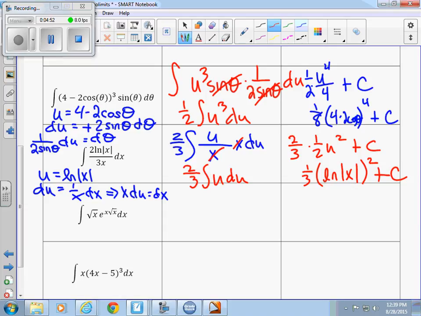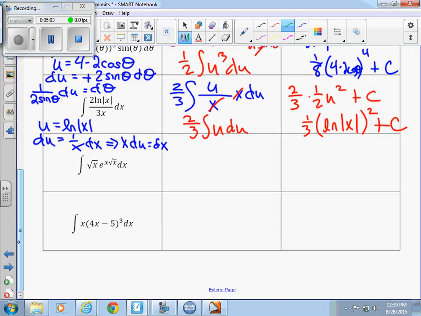The next one, what am I going to let u be? The x square root of x. That is definitely a more complex piece. The derivative is 3/2 x to the 1/2 dx.